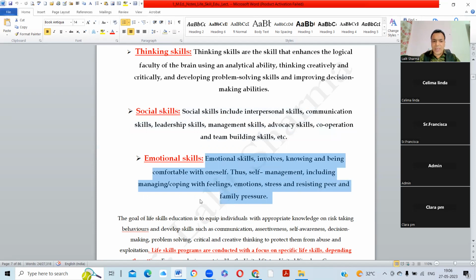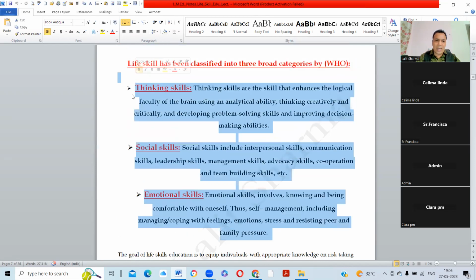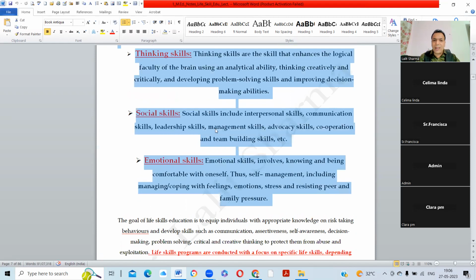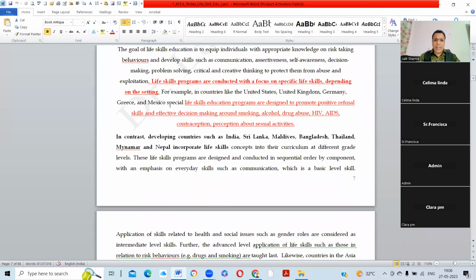Thus, self-management including managing, coping with feeling, emotion, stress, resisting peer and family pressures. So, guys, if you have these skills, then automatically your students are learning. Yeah, are you getting my point? Okay. So these are the life skills. These are the three broad categories of the life skills.